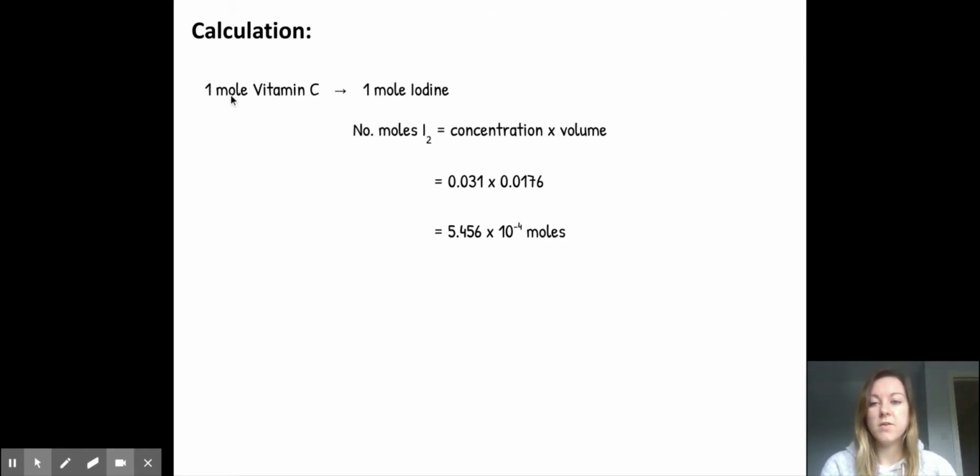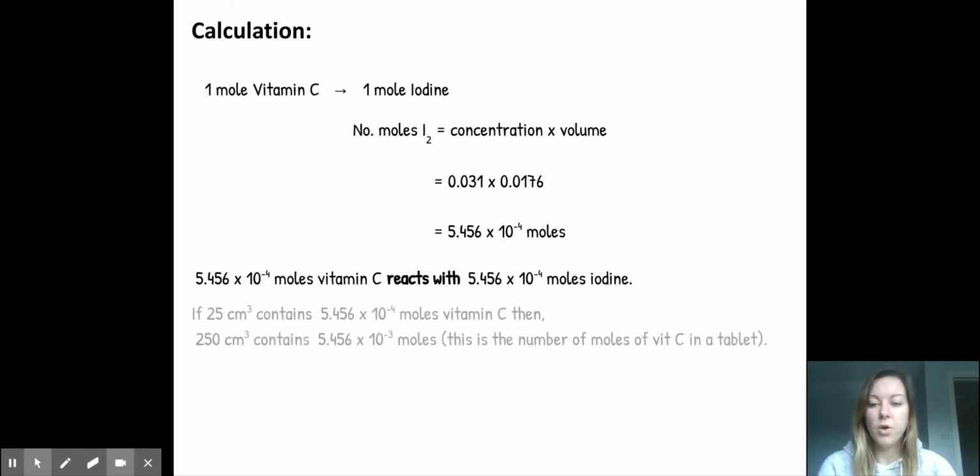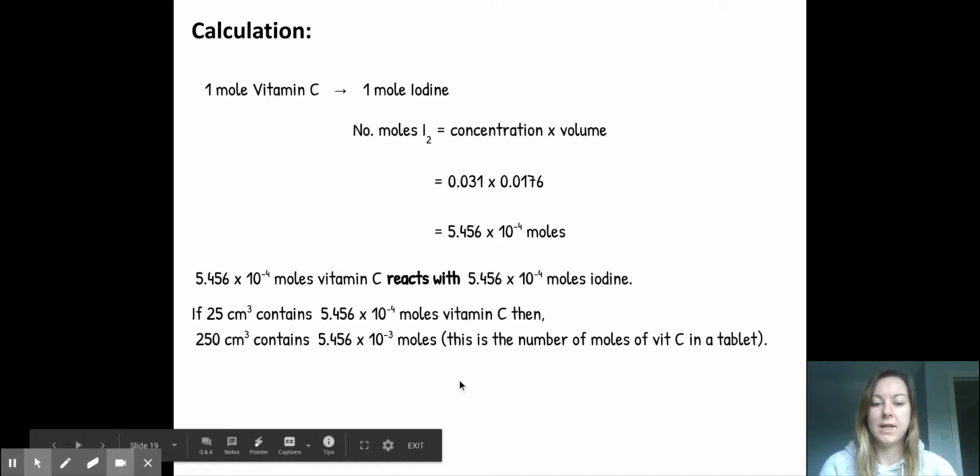So because we have a 1 mole to 1 mole ratio, 1 mole of vitamin C is reacting with 1 mole of iodine. That means that 5.456 times 10 to the negative 4 moles of iodine will react with the same number of moles of vitamin C. So now we have a number of moles of vitamin C. We want to then scale up.